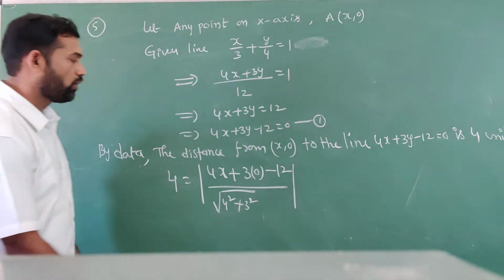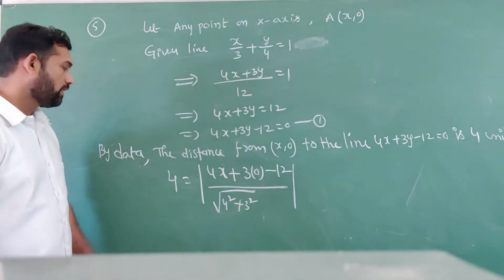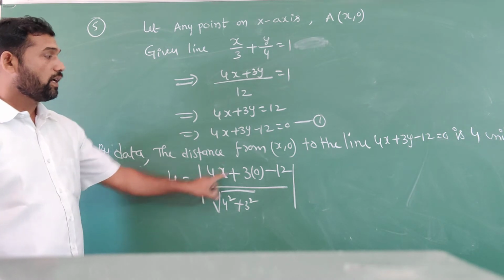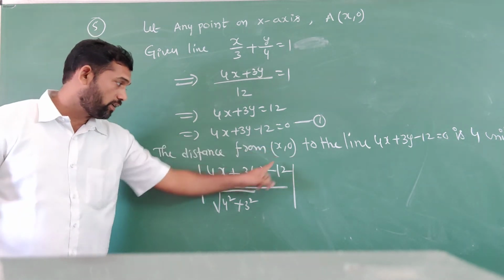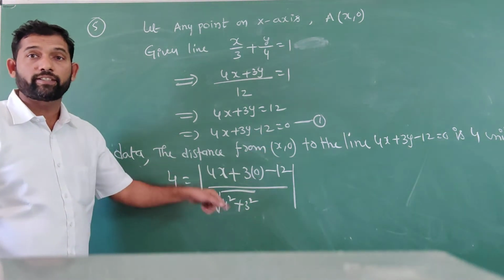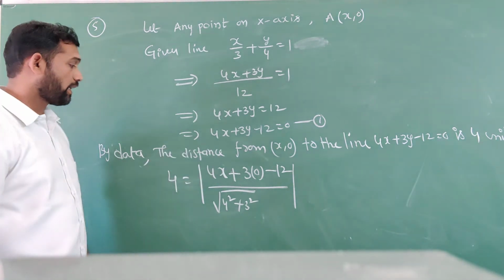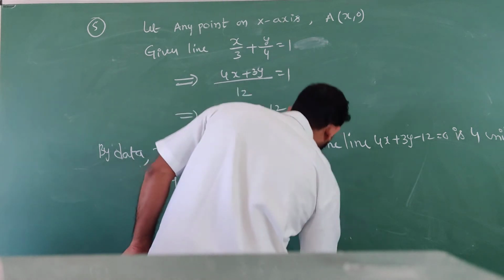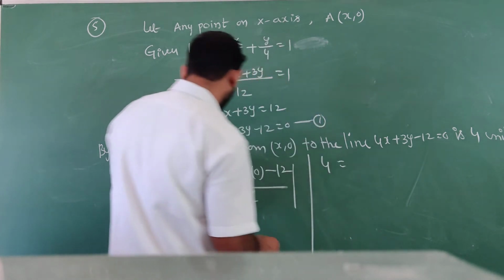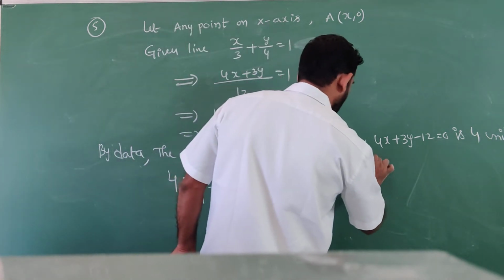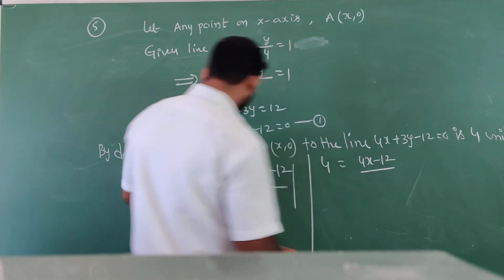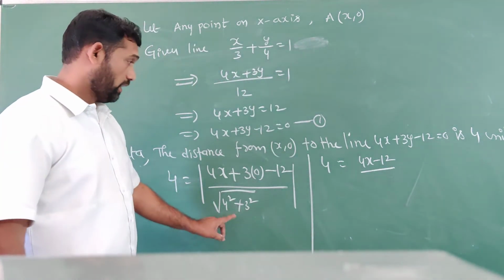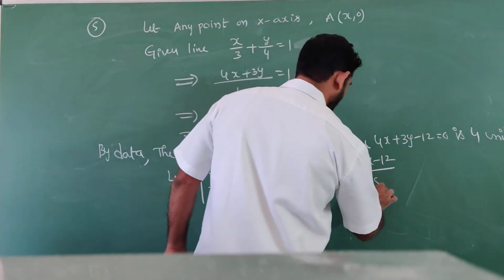Here x is substituted and y = 0 is substituted. Now simplify: 4 = (4x - 12) divided by root of 16 + 9, which is 5.